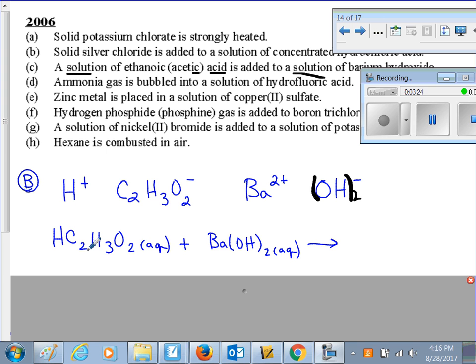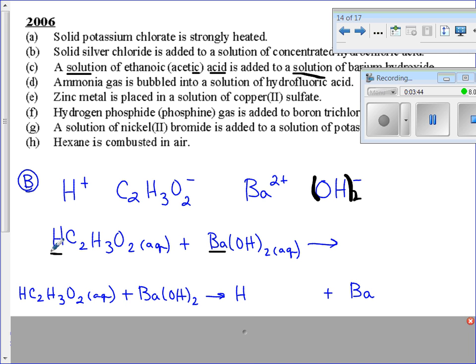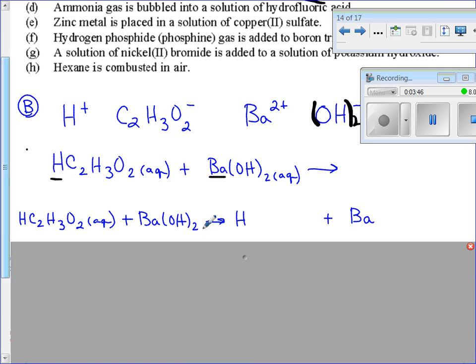This is a double replacement reaction, so what I would do is rewrite your reactants, keep the first element in each compound in that position, and what you're really doing is swapping the anions of each compound. That's what I've done here. I've kept the hydrogen where it is, I've kept the barium where it is.